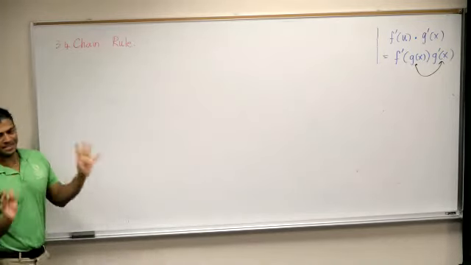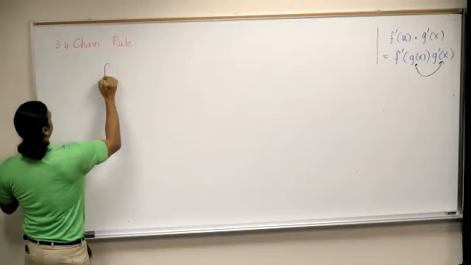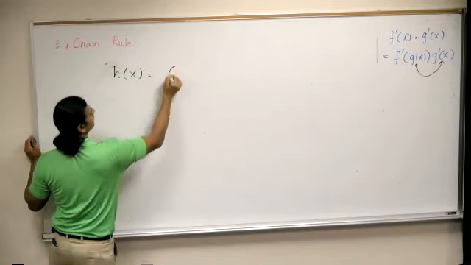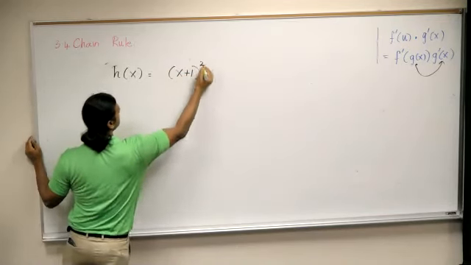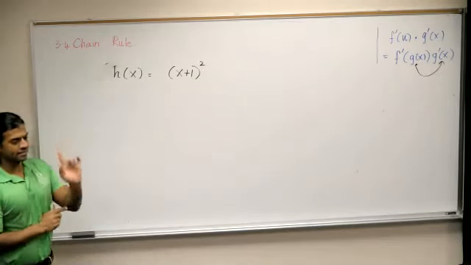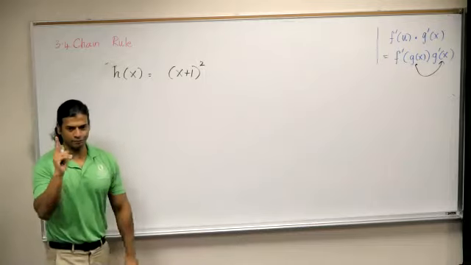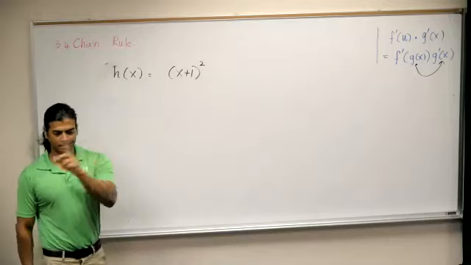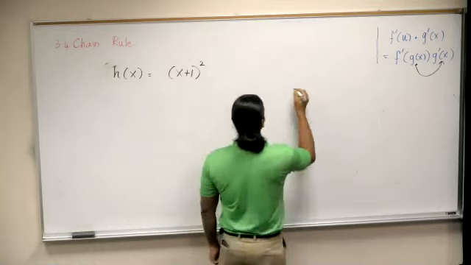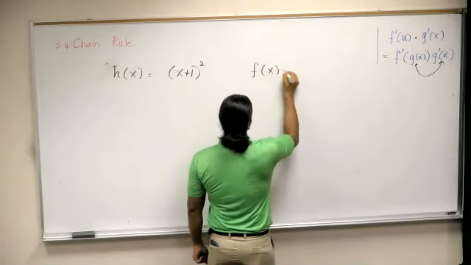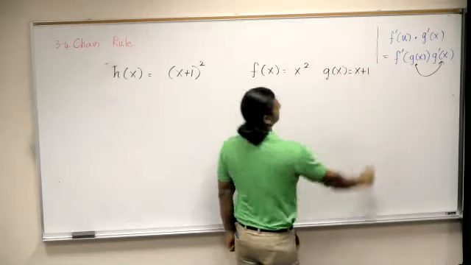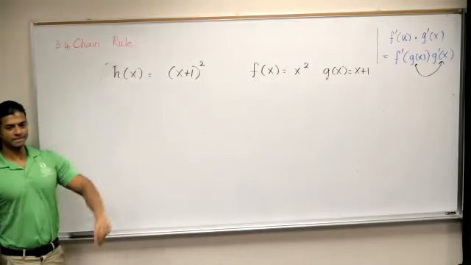So let's take a simple example. Suppose I said h of x is equal to x plus 1 squared. Correct? I am going to argue this is a composition of two functions. What are the two functions? X squared and x plus 1. Very good.